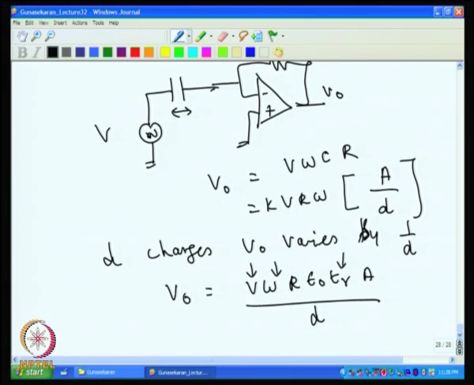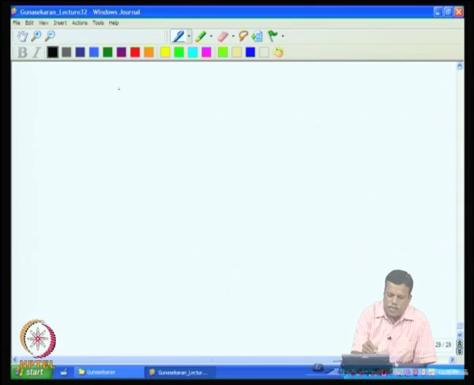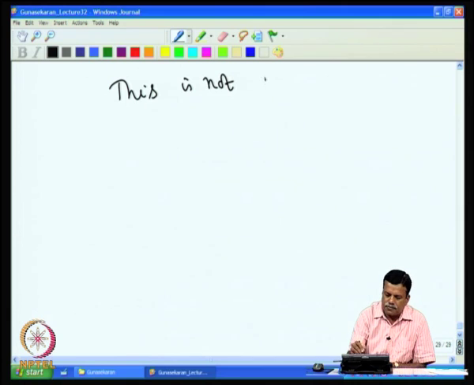will give an error. So, if we compare this output voltage with the ratio transformer bridge, this is not as accurate as the ratio transformer bridge.